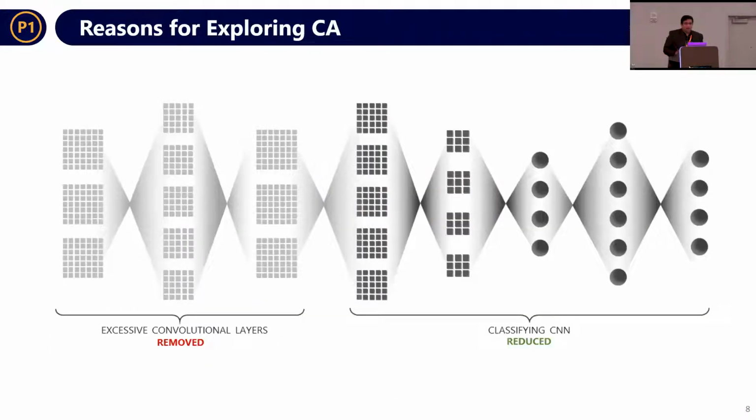So why am I talking about cellular automata? I was looking at recent research where they were using cellular automata to classify MNIST digits. They were using cellular automata for repairing images. And what became apparent to me was the ability of the cellular automata to exploit spatio-temporal dynamics.